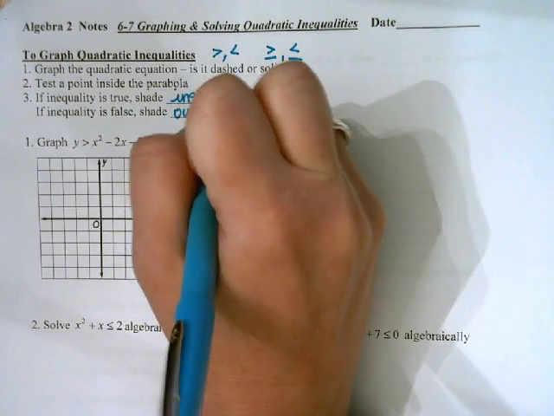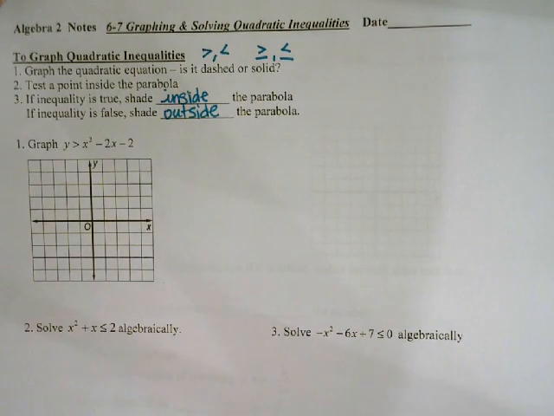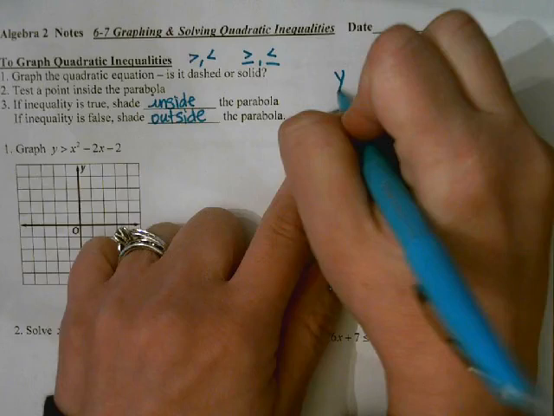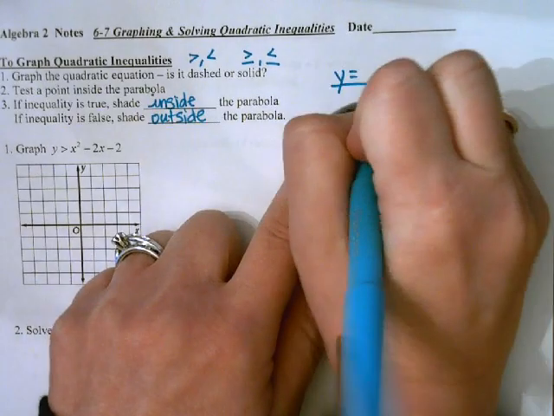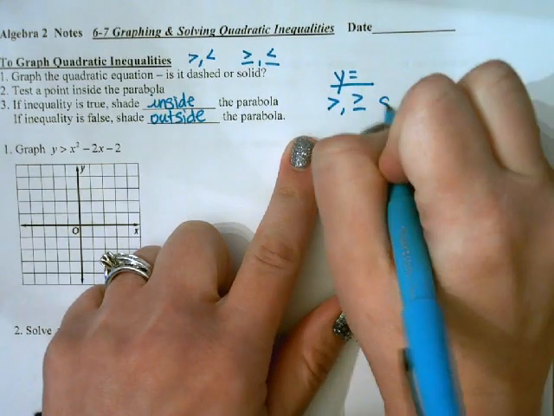Okay, well, we sort of had a trick when we were doing it with lines. When we were doing it with lines, as long as it was in y equals form, if it was a greater than or equal to, we shaded above.